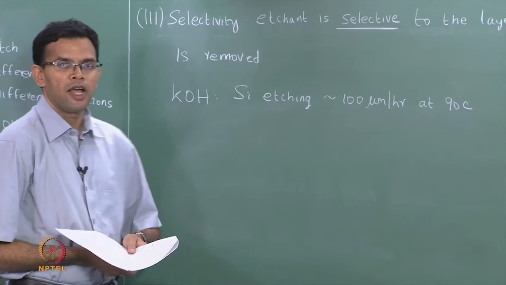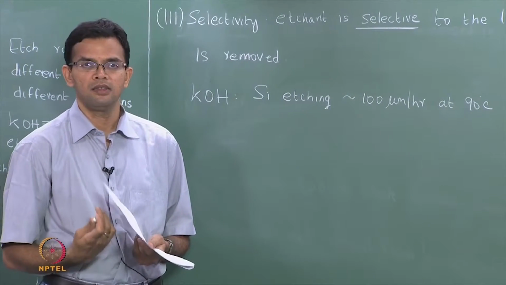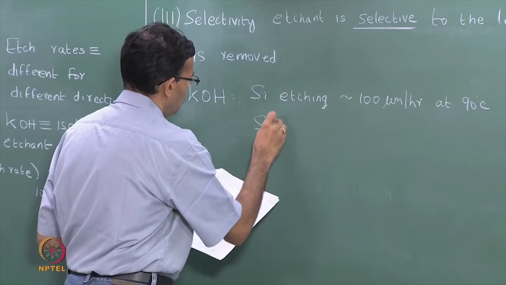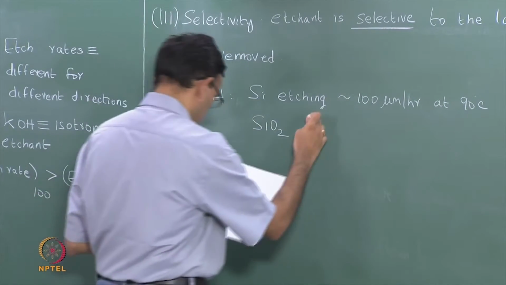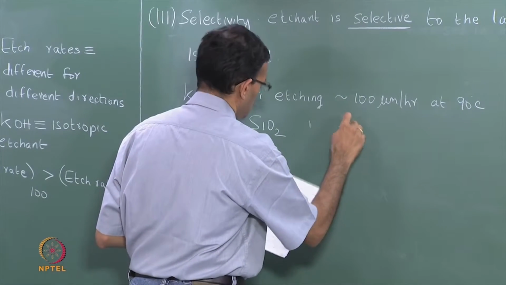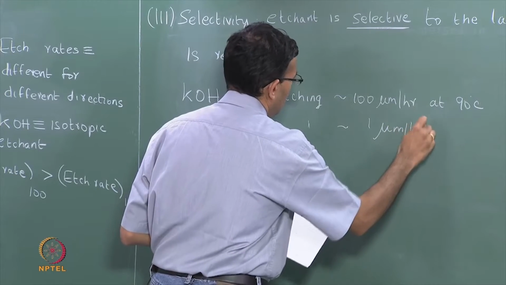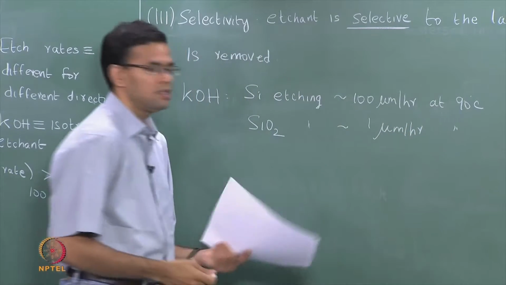But the same KOH, instead of having silicon, if I have silicon dioxide, SiO2, the etching rate is usually 1 micrometer an hour, again at the same 90 degrees.